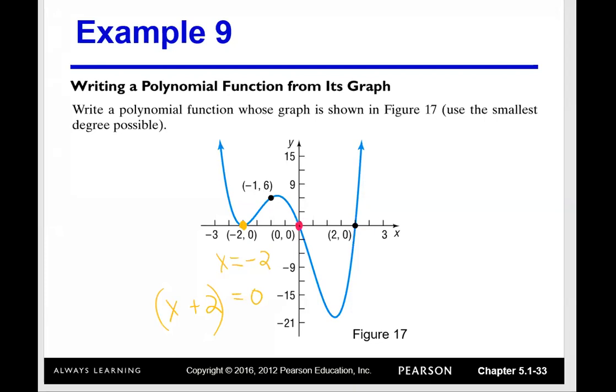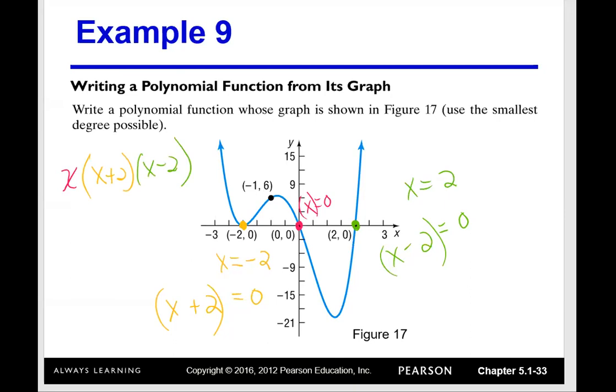This one has an x coordinate that's equal to 0. So x is another factor. And then this one is x equal to +2, which means that came from x minus 2 equals 0. So that's a factor. So what I have is x times an x plus 2 times an x minus 2. That's my polynomial function.